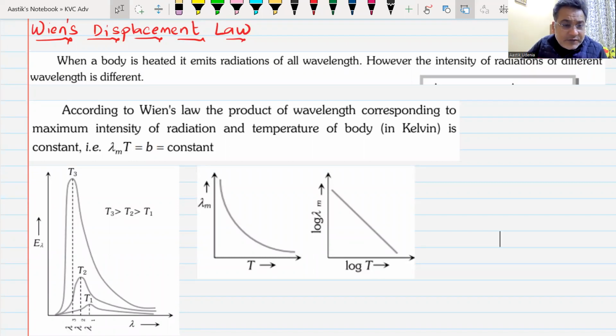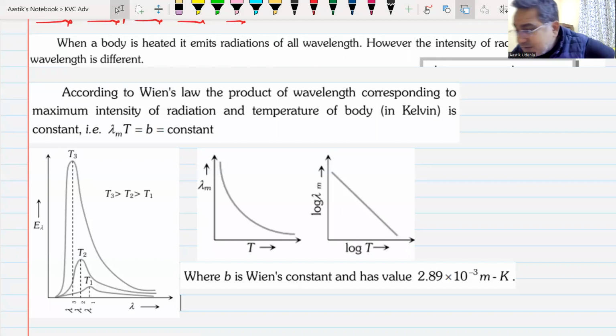The value of this b you may not know, but for a black body, this b is 2.89 into 10 raised to the power minus 3. So I'll just give you that value and then you can note it down. This, my dear friends, is known as Wien's displacement law.